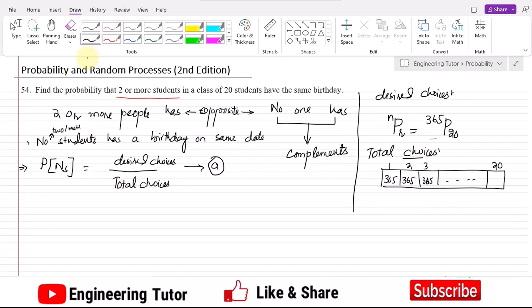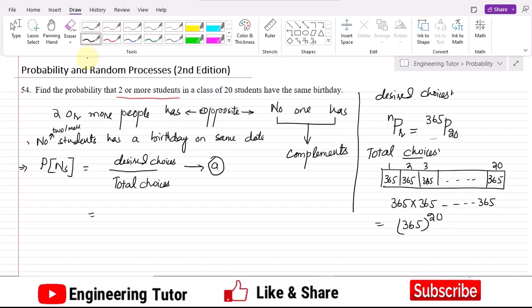Each student has 365 choices up to the 20th student. Any student can have any choice, and that is the total number of possible outcomes. Therefore it will be 365 multiplied by 365 up to the 20th 365, which is 365 to the power of 20. So here we have the total choices.